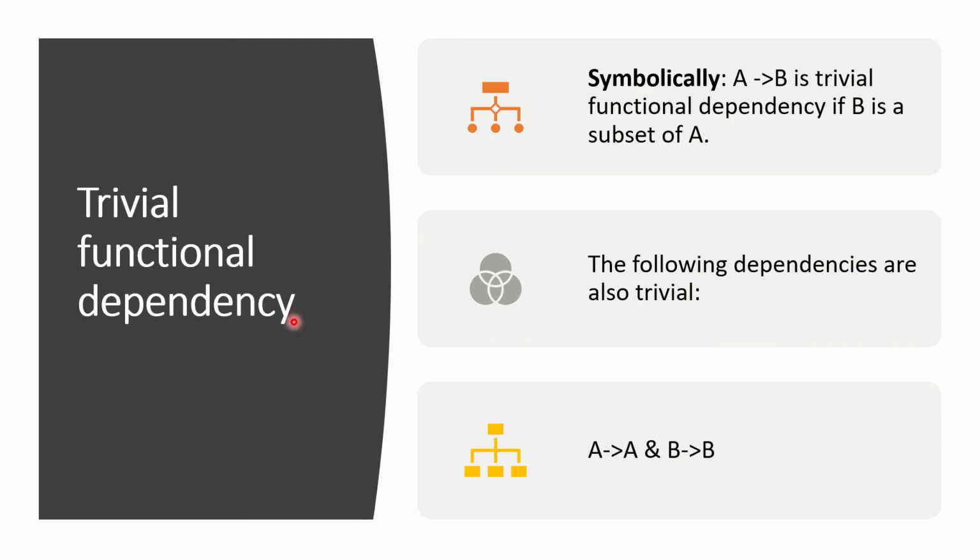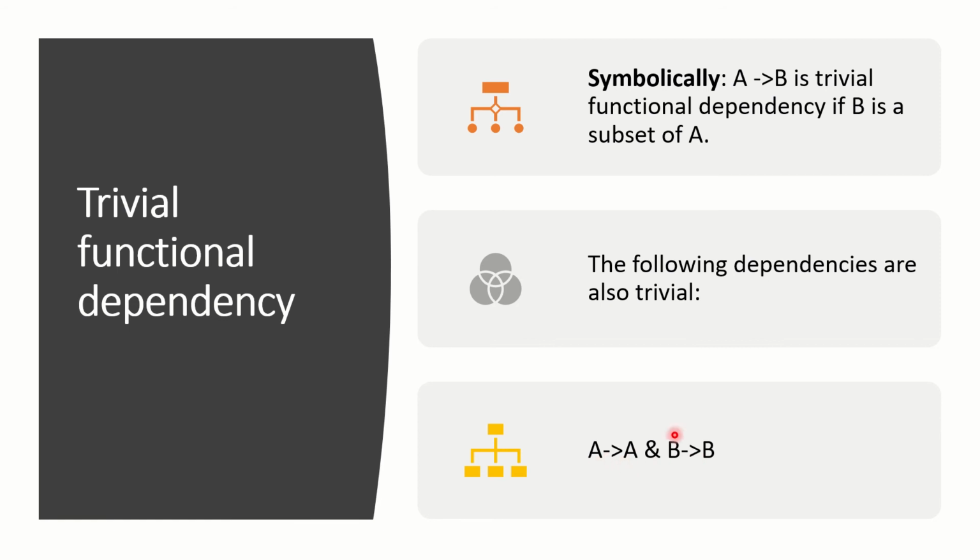What is trivial functional dependency? Normally, suppose that we have a functional dependency A implies B, that means B is functionally dependent on A. Then this functional dependency is said to be trivial if B is a subset of A. And if a functional dependency is trivial, then these functional dependencies are also trivial.